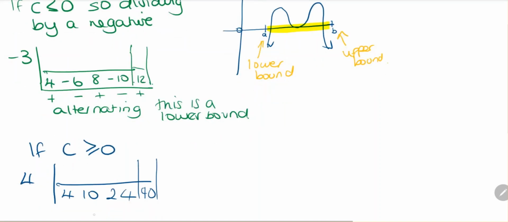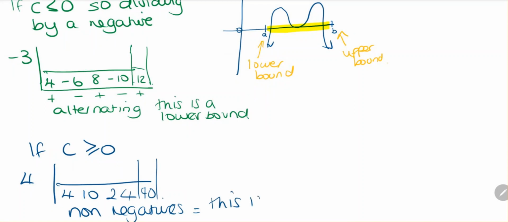Okay, so we've got non-negatives. This shows this is an upper bound. Okay, so there could be some larger, but there will not be any zeros at that point.